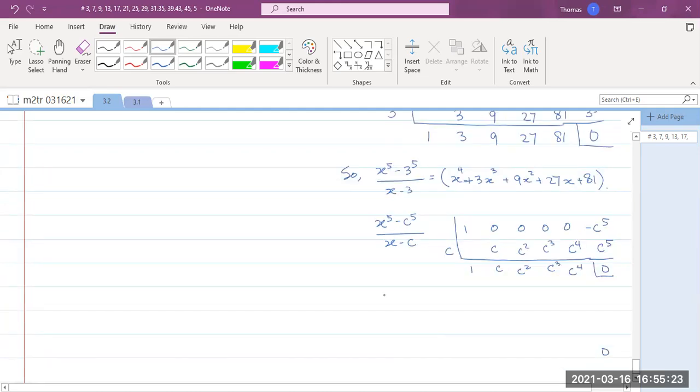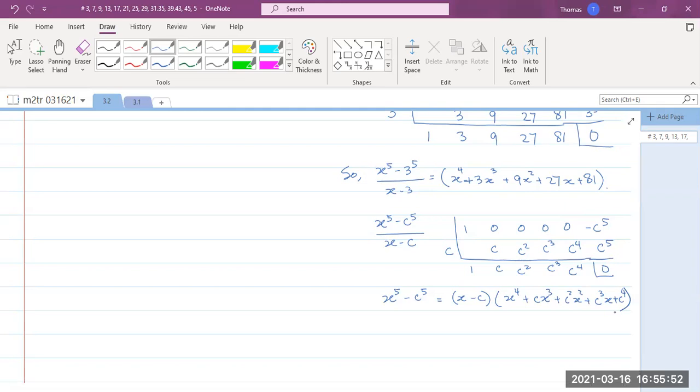Okay, now all of a sudden we get x to the fifth minus c to the fifth equals to x minus c times x to the fourth plus cx cubed plus c squared x squared plus c cubed x plus c to the fourth. We already factored it. Now the thing is, it applies for every positive integer n.